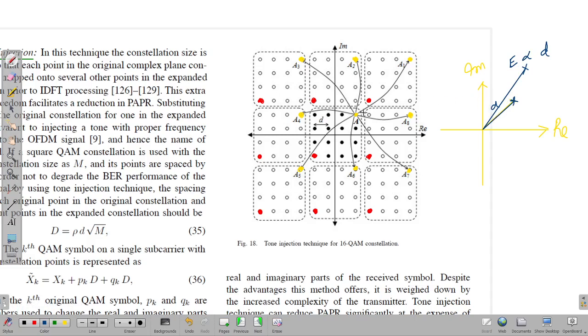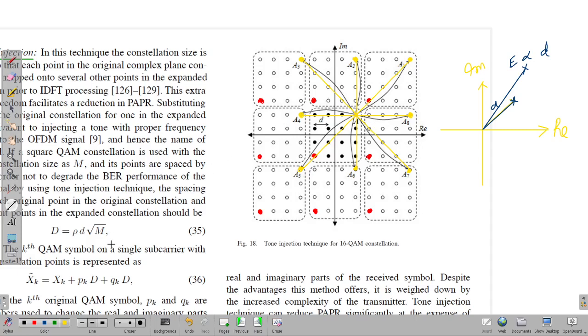So when I extend this particular point, it can be mapped here, or here, or here, or here.